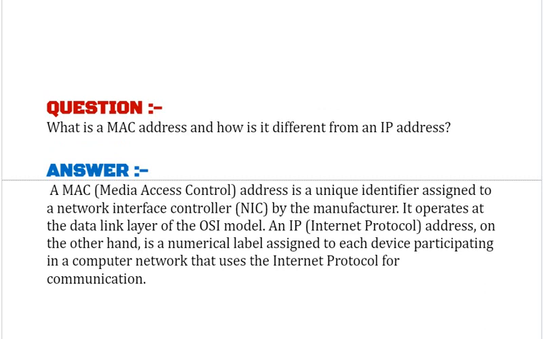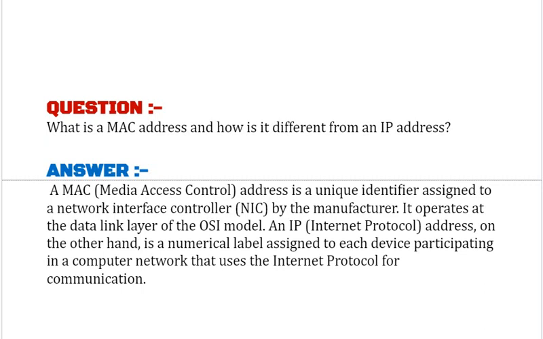Our next interview question is: what is a MAC address and how is it different from an IP address? Your answer should be: a MAC, that is Media Access Control Address, is a unique identifier assigned to a Network Interface Controller (NIC) by the manufacturer.